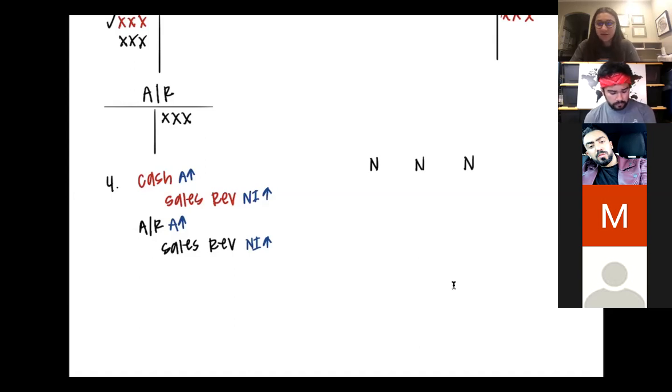If I debit cash for 1,000, that increases my total assets to 11. But if I fix my journal entry, credit cash and debit AR, my AR still increases my assets by 1,000 and still makes my total assets 11. So there's no effect from the mistake that they made. Does that make sense? Yeah. Okay. Thank you. Let me do it with teachers.